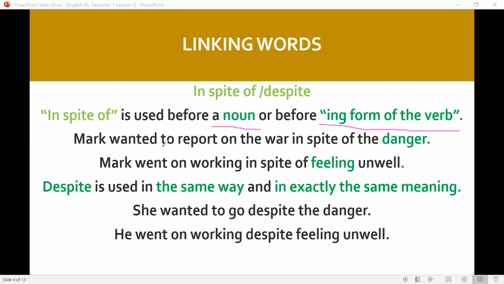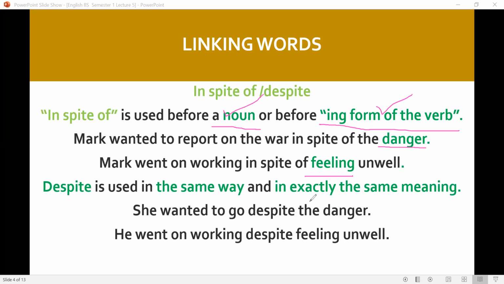Mark wanted to report on the war in spite of the danger. Danger is a noun. We use it before a noun. Mark went on working in spite of feeling unwell, with a verb with ing. These are the two places where you can use in spite of: before a noun or before the ing form of the verb, as you have seen in the examples.